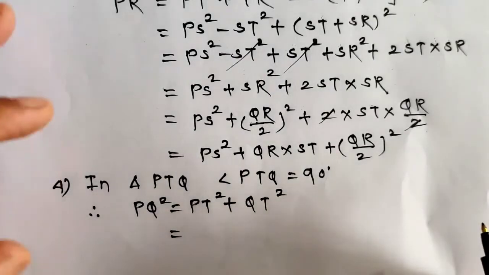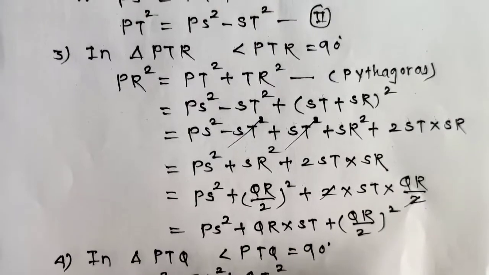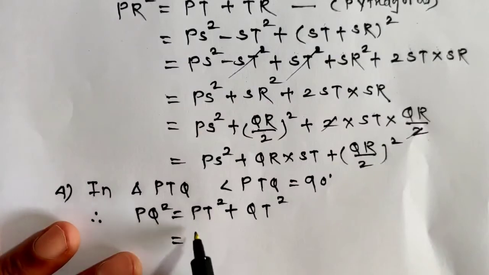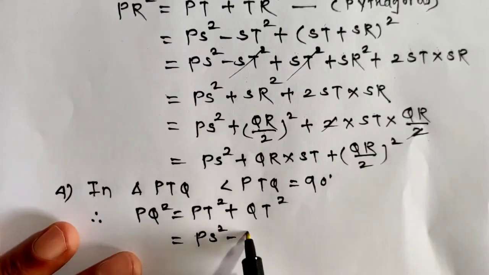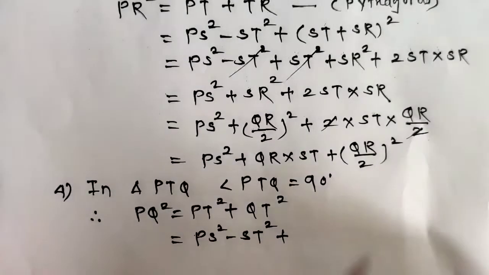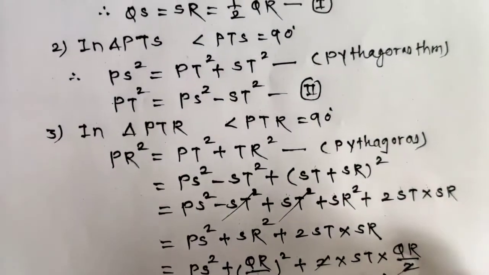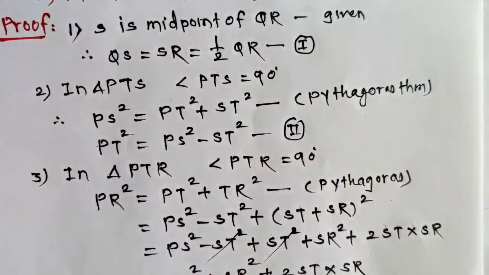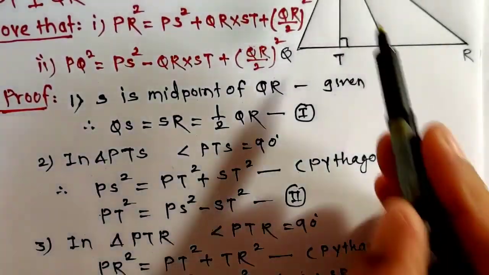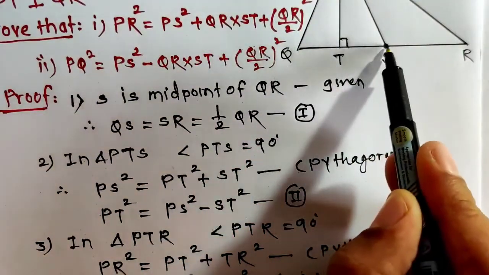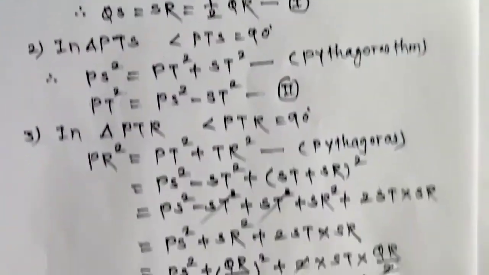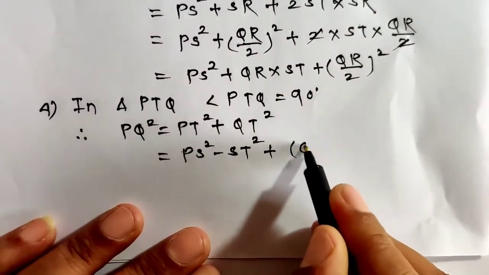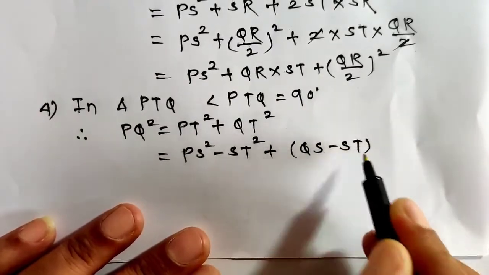Now this PT square, substitute the value of PT square from 2. PT square is PS square minus ST square. So PT square is PS square minus ST square plus this QT. QT can be written as, see the figure, QS minus ST. So we get (QS minus ST) whole square.